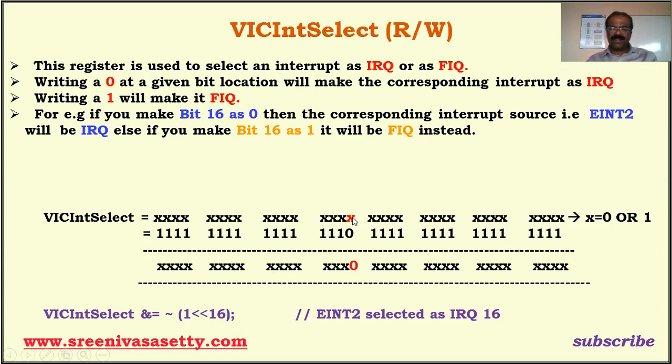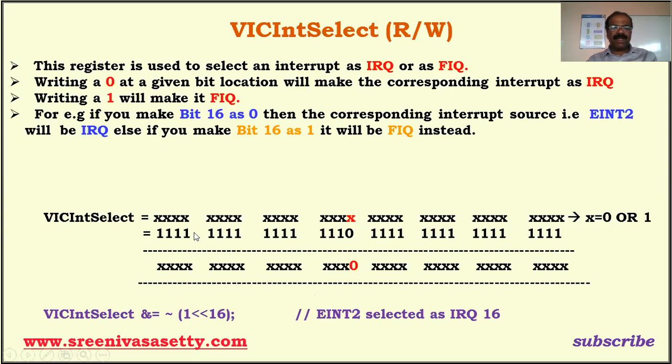But coming to bit number 16, either it may be 1 or it may be 0. Finally, that becomes 0 only. If it is 1, 1 into 0 is 0, because we are using the bitwise AND operation, logical multiplication. If it is 0, 0 into 0 is 0.